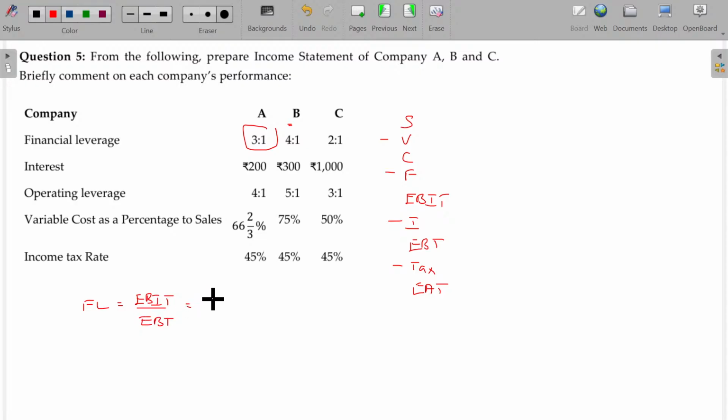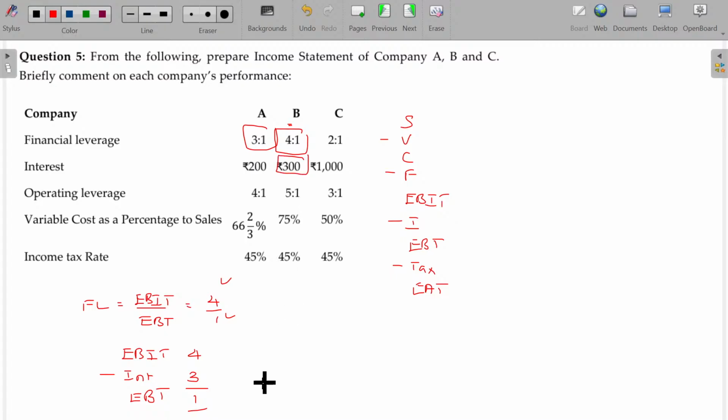If EBIT is 4 share and EBT is 1 share, you know that EBIT minus interest gives EBT. Where EBIT is 4 and EBT is 1, interest should definitely be the balancing figure, 3.